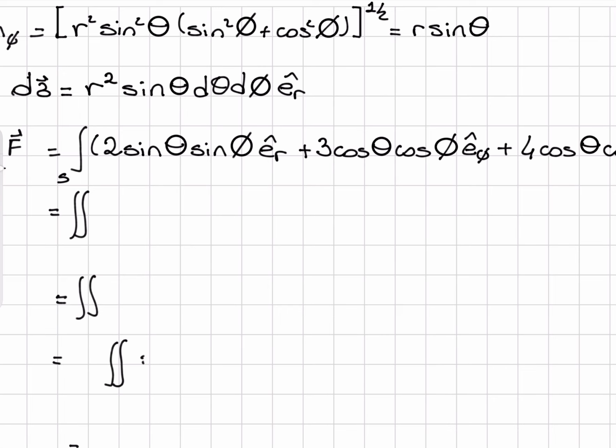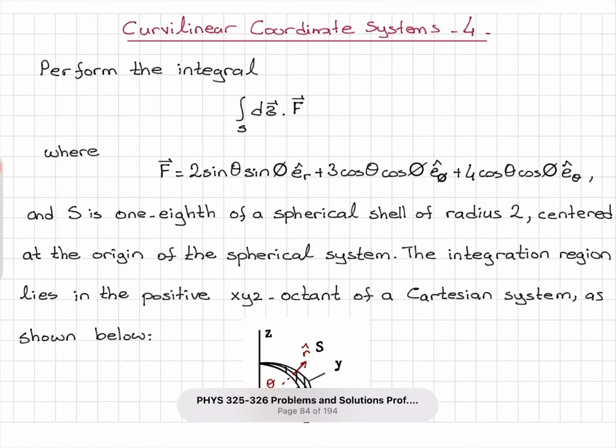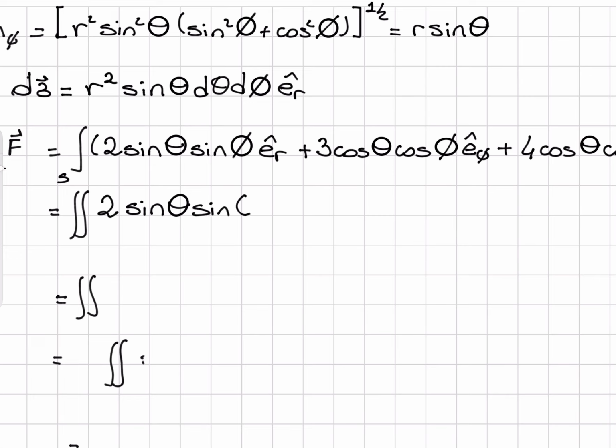So this is going to be a double integral of 2 sine theta sine phi, and then we have the area element r square sine theta d theta d phi.